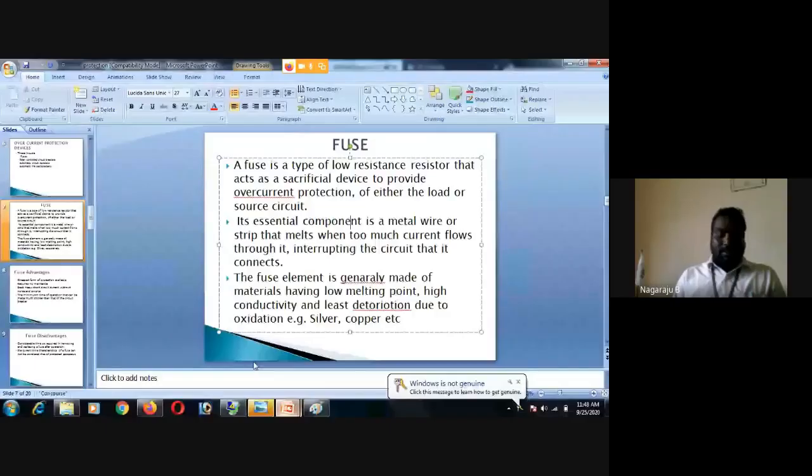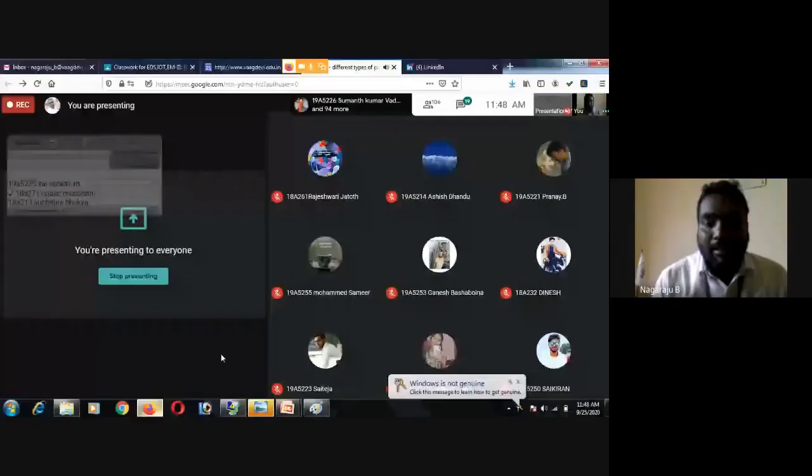Next, it is designed for substation mounting rather than pole and cross arm mounting. This is about the fuse and fuse ratings.